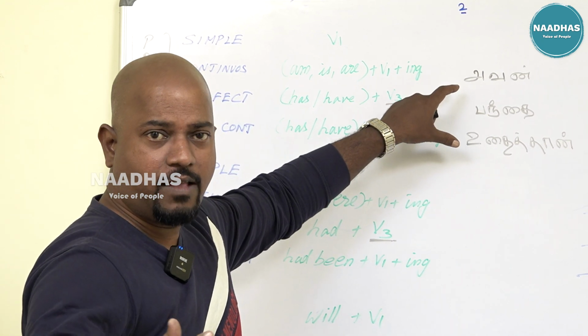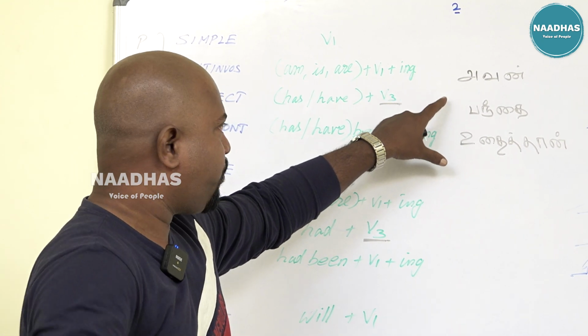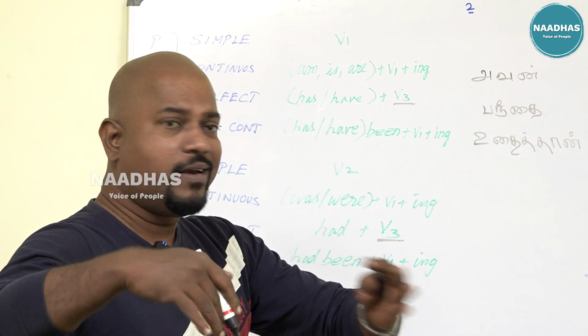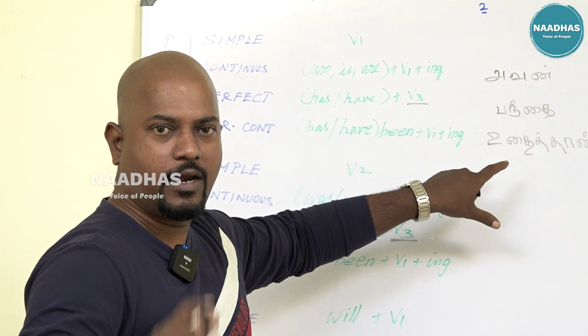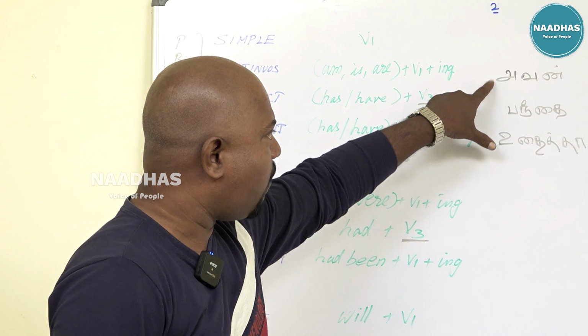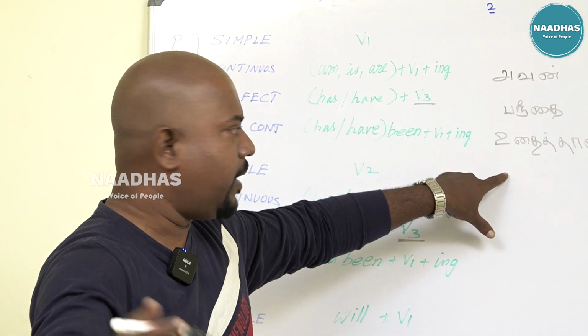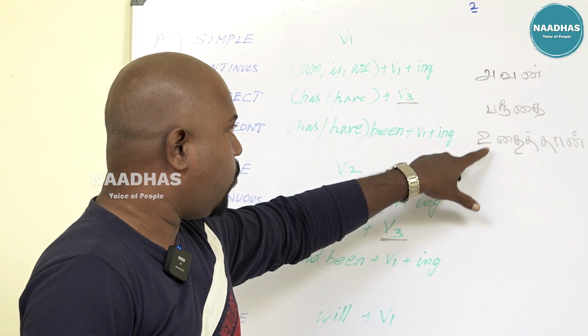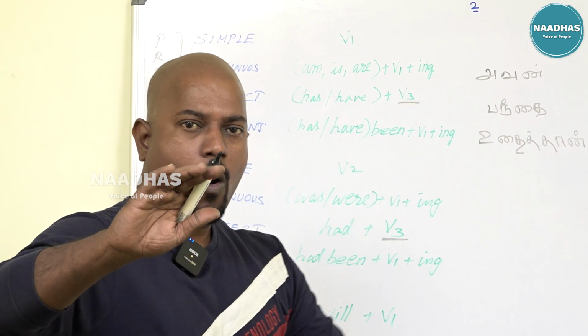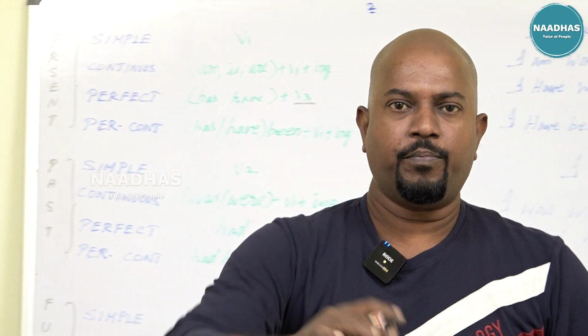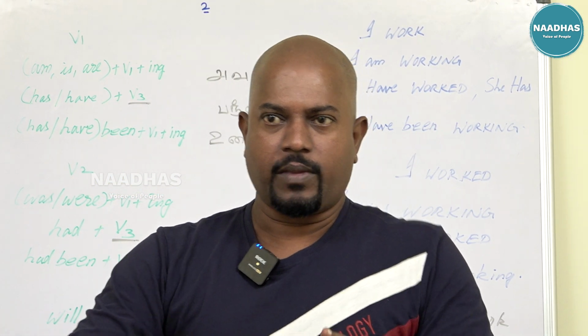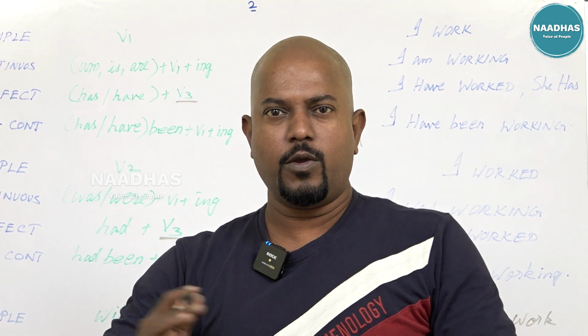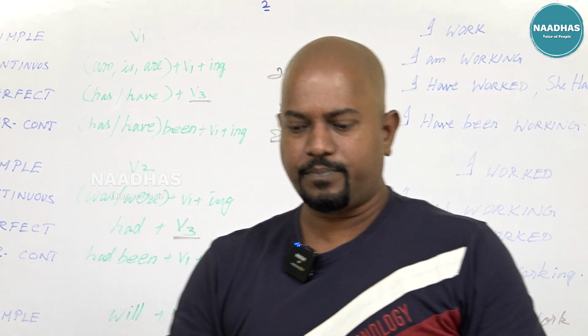So, in the case of the regional language, you can jumble it any way. Avan pandai udaitan, you get the same meaning. Pandai avan udaitan, still the same meaning. Udaitan pandai avan, still the same meaning. Udaitan avan pandai. Whatever way you jumble it, the meaning will never change, and you will make no mistakes, all right?